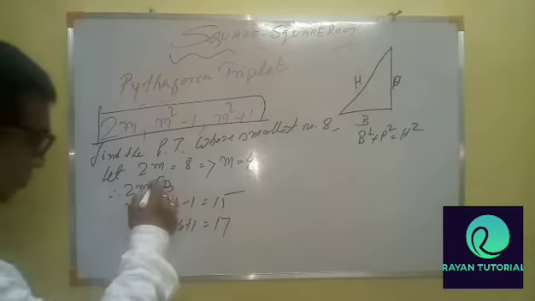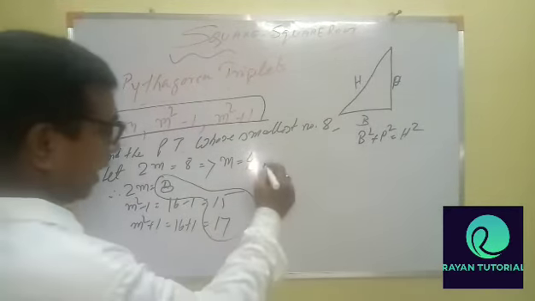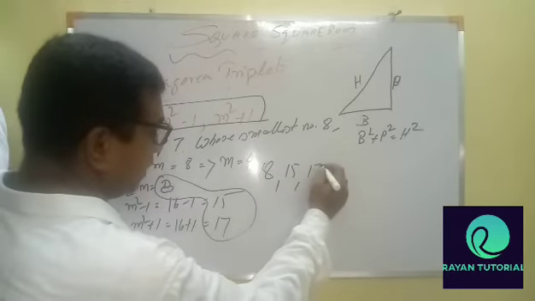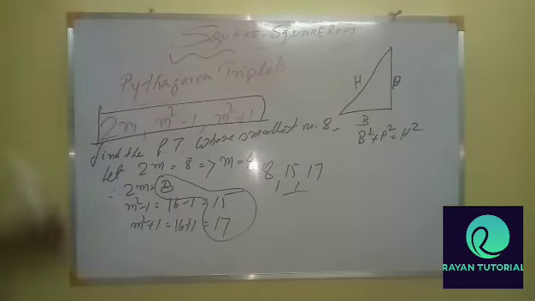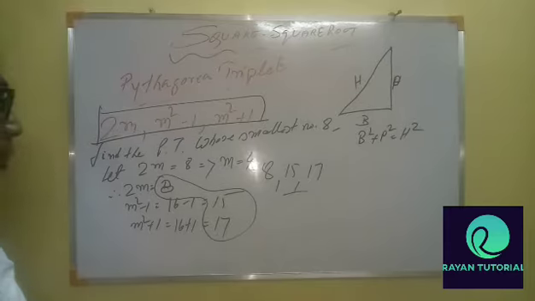That means 8, 15 and 17 are a Pythagorean triplet.